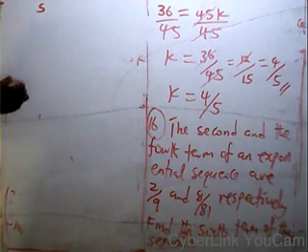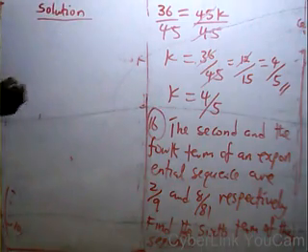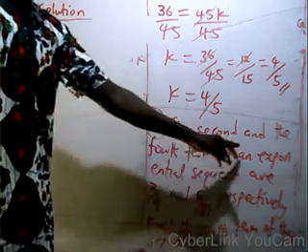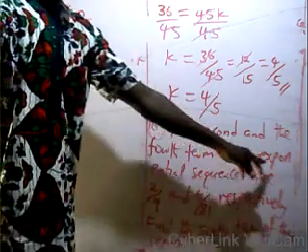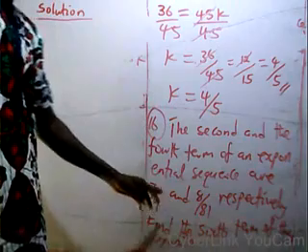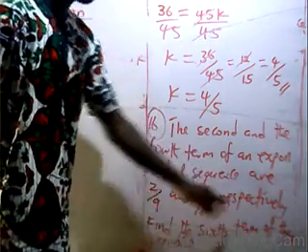And the solution. Please let me read this question very well. The second and the fourth term of an exponential sequence are 2 over 9 and 8 over 81 respectively.